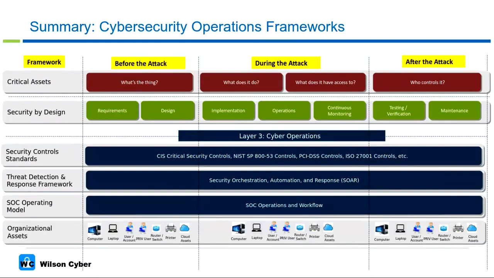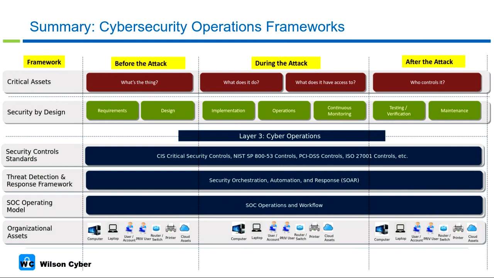The threat detection and response framework, which we're going to get into more later in the class, is a new capability called security orchestration, automation, and response. But essentially, that's where the integrated SOC standard comes from. Basically, a security operations center that is more of a standard configuration that does these functions: orchestration, automation, and response. And then we have a SOC operating model that implements the SOC to protect our critical assets.